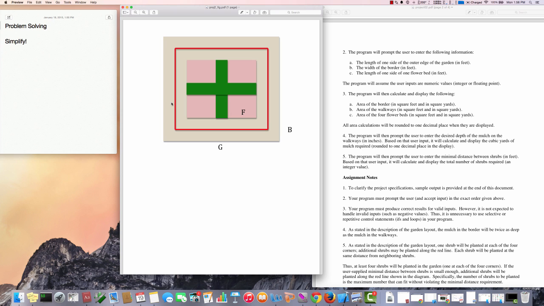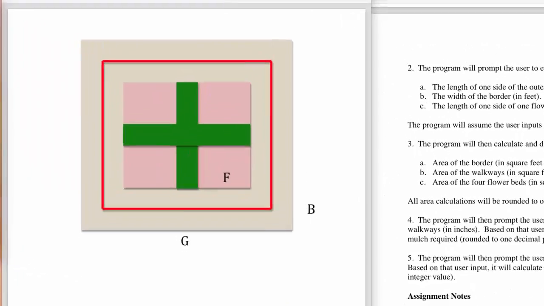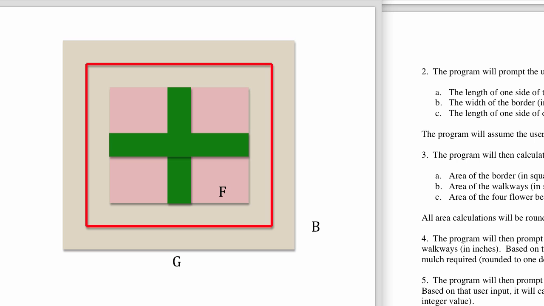Another part of problem solving is to visualize. Visualize the problem. Own it. And in this case, let's take a look at our diagram. So what do we give it? Well, there's three inputs.